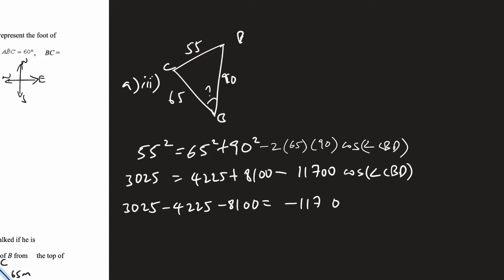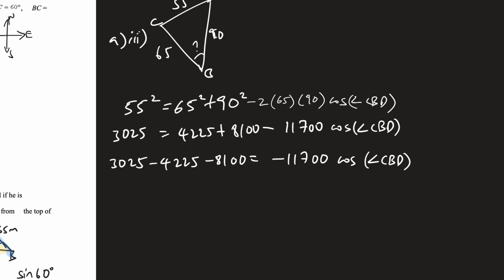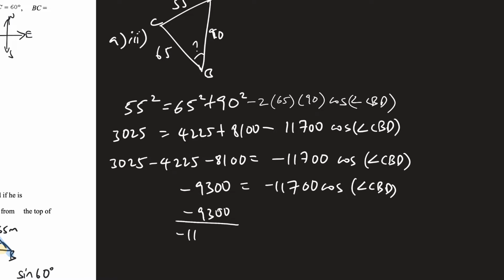Right, and then we continue solving. This is negative 9300. And so we need to divide both sides by negative 11700 to find cosine CBD.